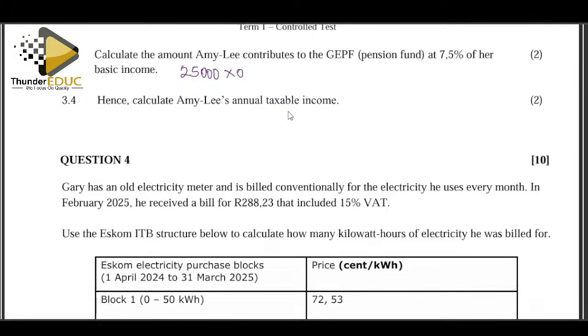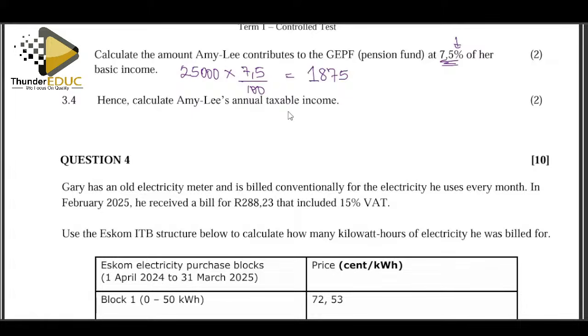So we are looking for 0.075. Someone might ask us, where have we got this number? It's 7.5 over 100. The percentage means put it over 100. So the answer here became 1,875.